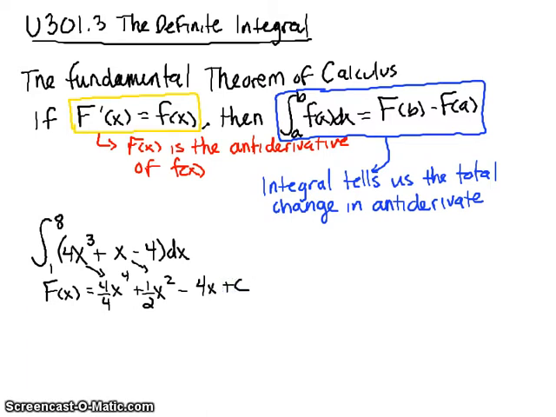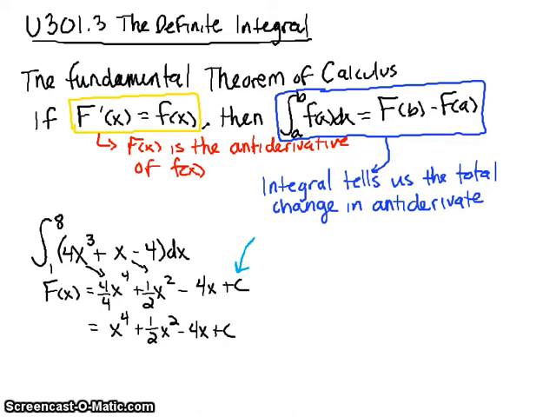We're going to see that when we're finding the integral, we're not actually going to need this plus c, and you'll see why in a second. We can simplify a little bit: 4 over 4 is just 1, so x to the fourth plus 1/2 x squared minus 4x plus c.